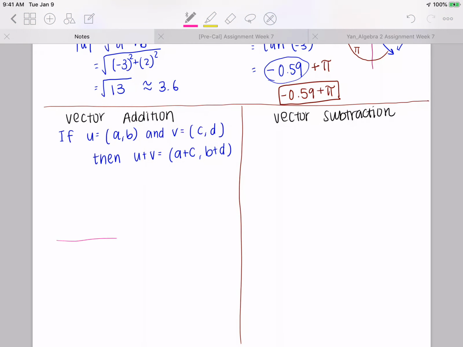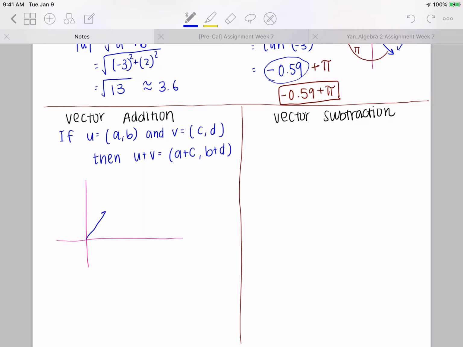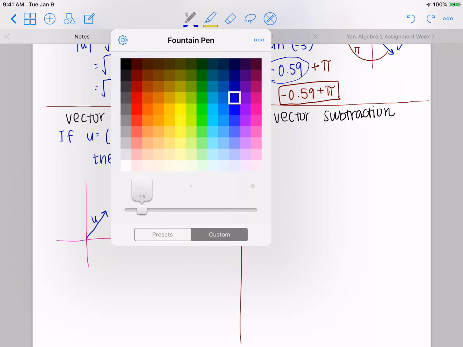So let's pretend my u is pointing up like this. This is u. Okay? And this one is v. Wait, hold on. Yeah, for my final answer, I would have to redraw this v. Let me put in another color.